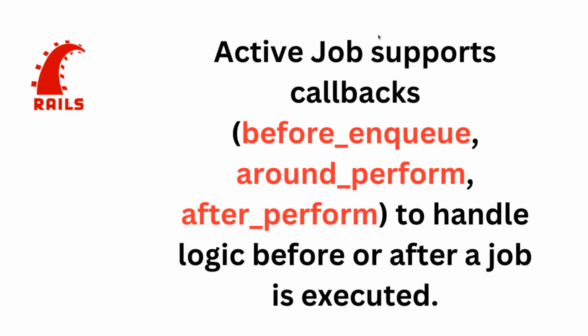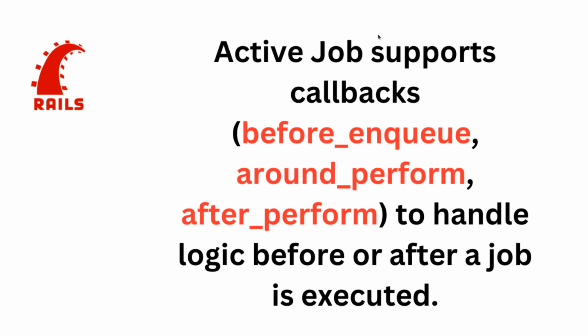Active job also supports callbacks like before enqueue, around perform, and after perform, to handle logic before or after a job is executed. These are the callbacks, just like we have callbacks for models and controllers. Like in the model we have before create, after create, around create, or before save, after save, around save.